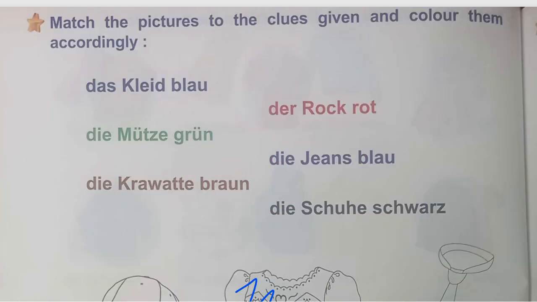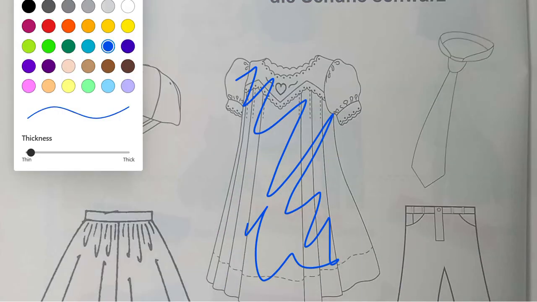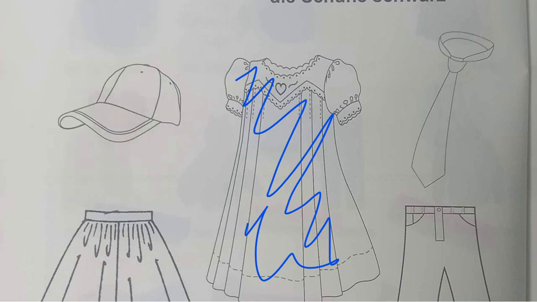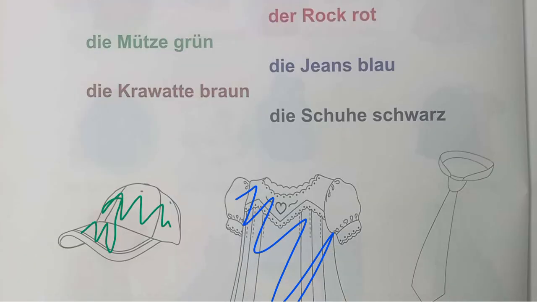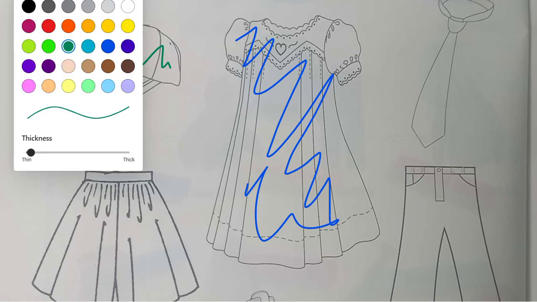Okay, next we see the Mütze grün. That means the Mütze is your cap, and grün means green. Do we have Krawatte next? Yeah. The Krawatte braun. That means the tie is brown.